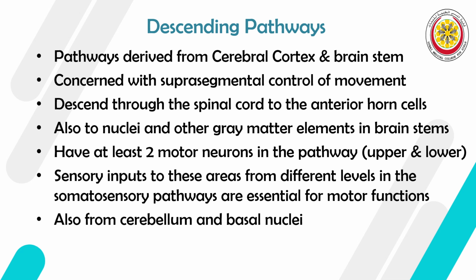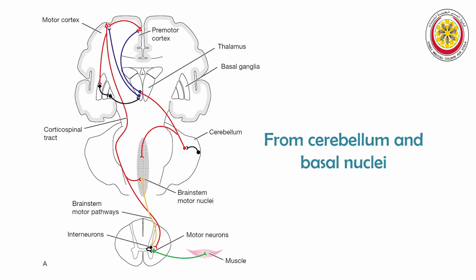They receive from them during the planning and programming of movement, and during execution. So from the cerebellum and from the basal nuclei, there are inputs to the cortical areas concerned with movement.